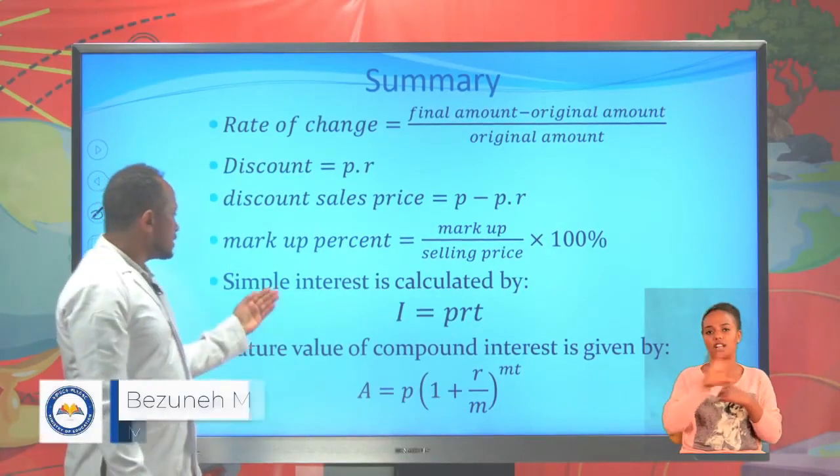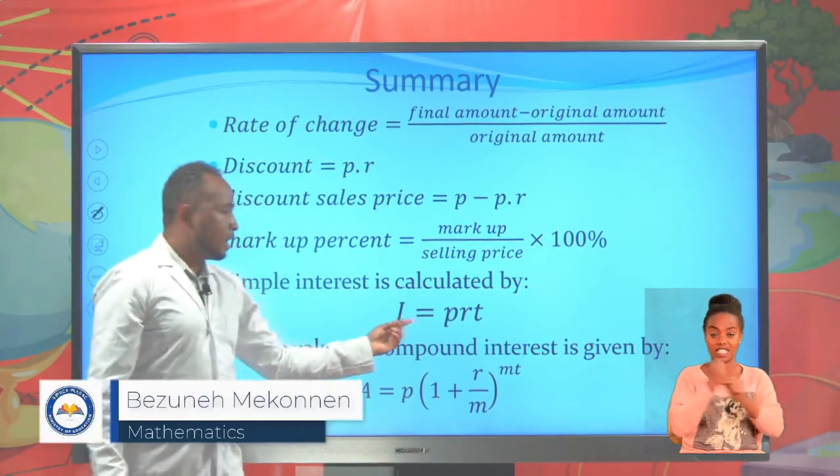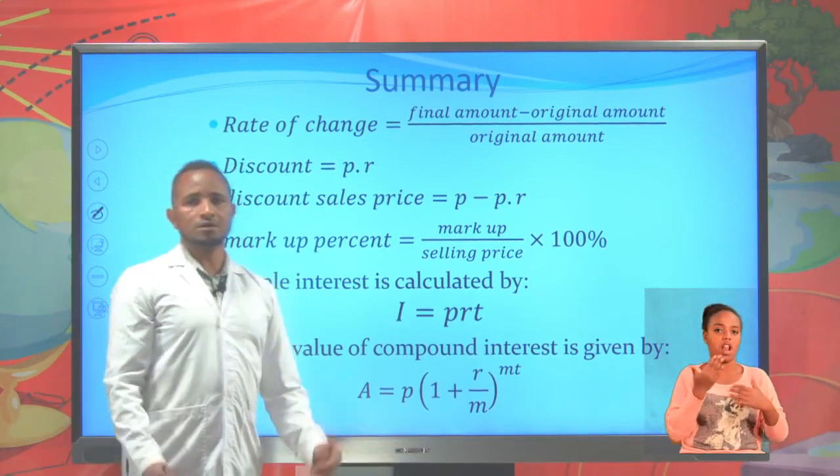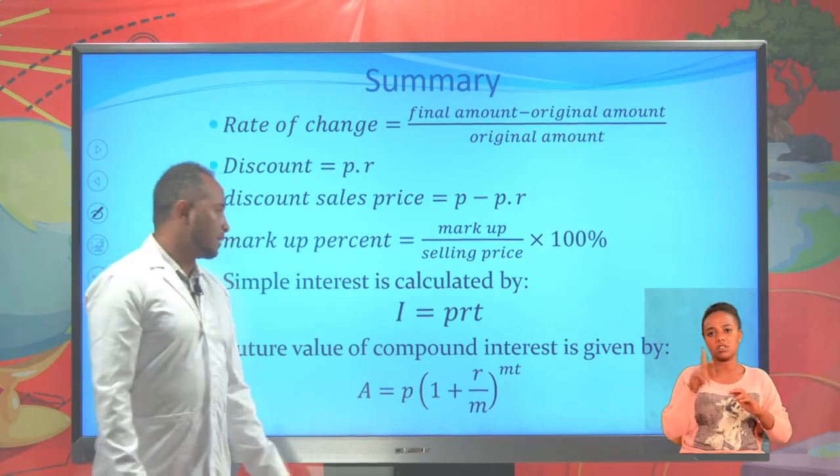And simple interest is calculated by I is equal to PRT, where I is simple interest, P is principal, R is interest rate, and T is time.